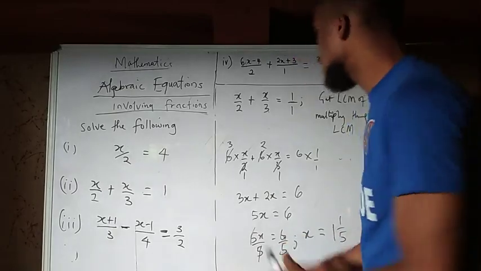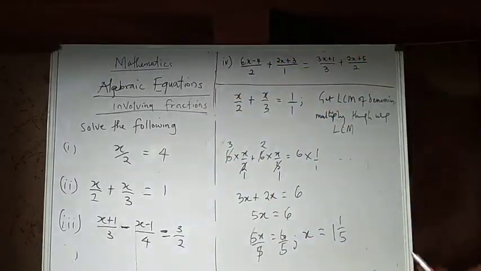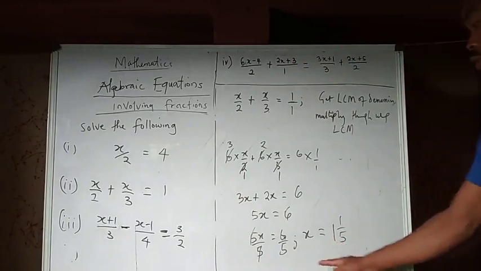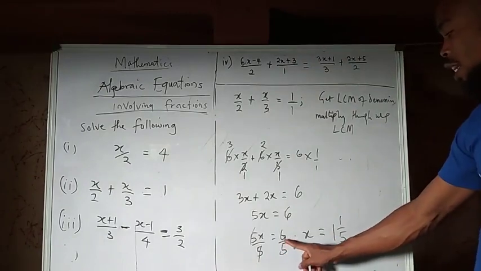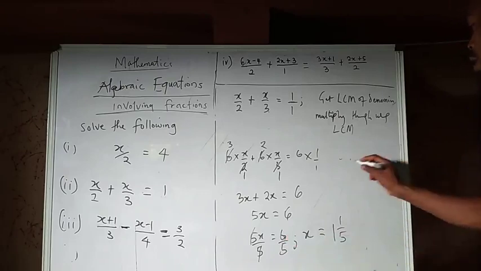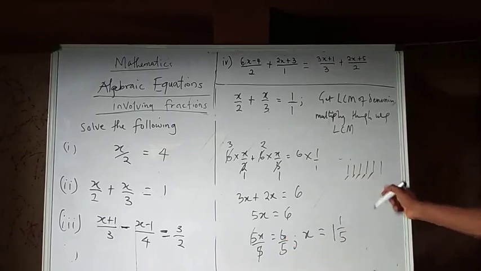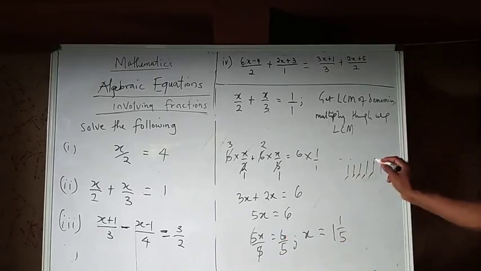Now let's go to the next example. You can pause this and check this out. Of course, you know why we did this. We've done this before. 5, we can get out of 6, 1, 2, 3, 4, 5, 6. We can get 5 out of it, 1, 2, 3, 4, 5. So we can get 5 out of 6 one time.